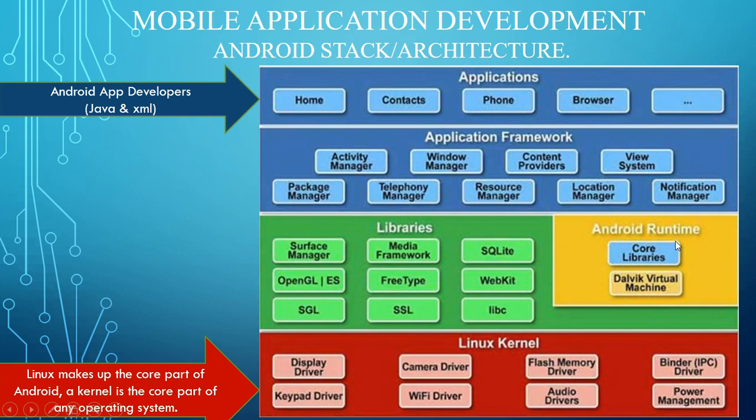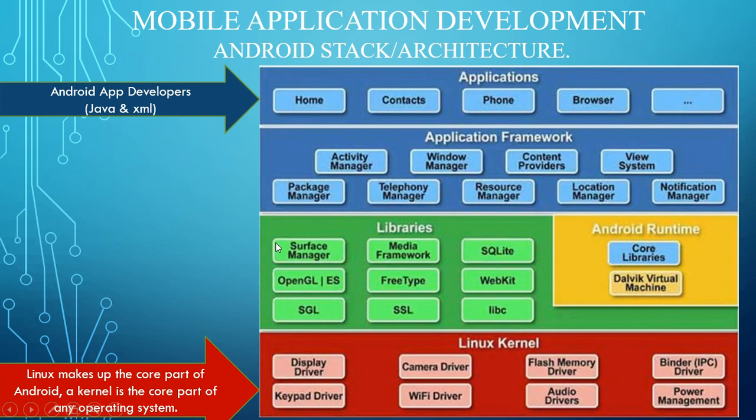Then we have Android runtime, where you have core libraries and Dalvik virtual machine. Each and every application that you run will run within this runtime. So let's say, for example, you are running a game or you are playing this video on your mobile phone. It is running inside this Android runtime.